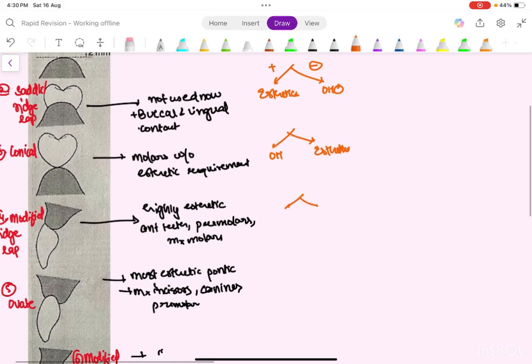Then modified ridge lap, basically it has both the things. It is good on aesthetics, and the disadvantage is that it is moderately easy to clean.